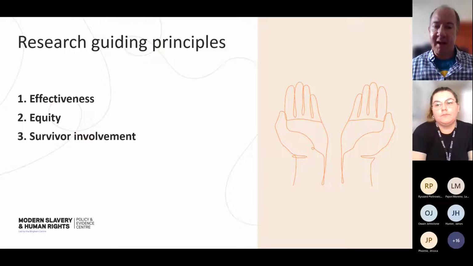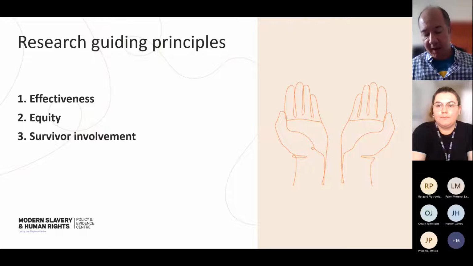It was really about the desire from policymakers and researchers for more work that looked at effectiveness, equity and survivor involvement. So basically that means looking at what works and what doesn't work and providing evidence for that, but doing that in a way that also cuts across issues of equity and equitable involvement.